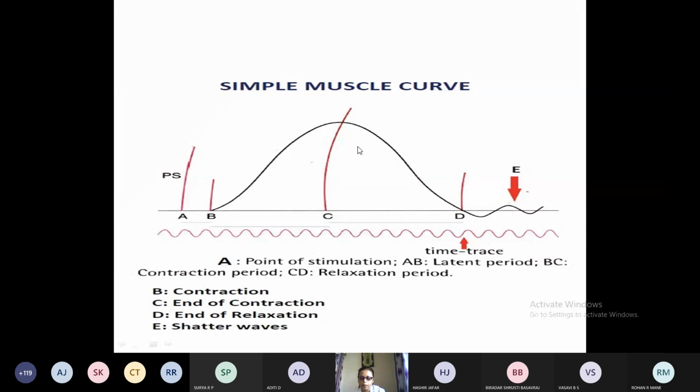For example, you can learn the property of excitability, the property of contractility, and the property of tonicity and elasticity. So the physiological significance of this curve is that you can assess muscle phenomena like excitability, contractility, tonicity and elasticity. So this is about the simple muscle curve.